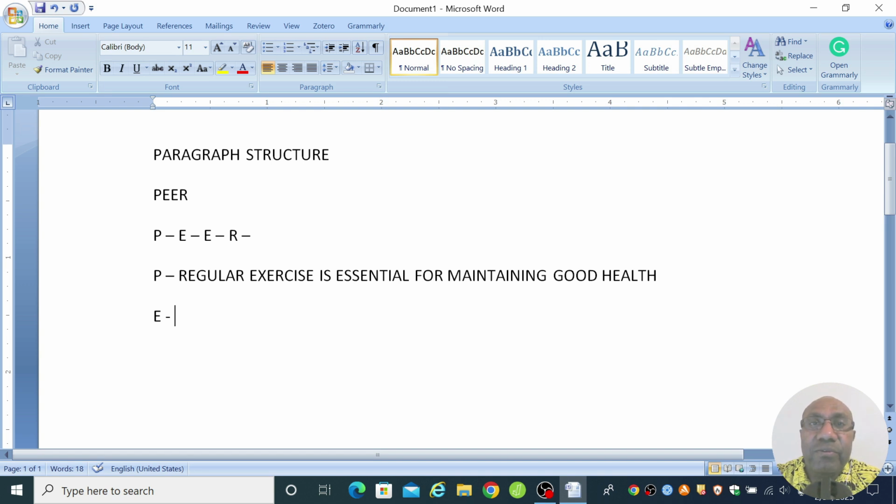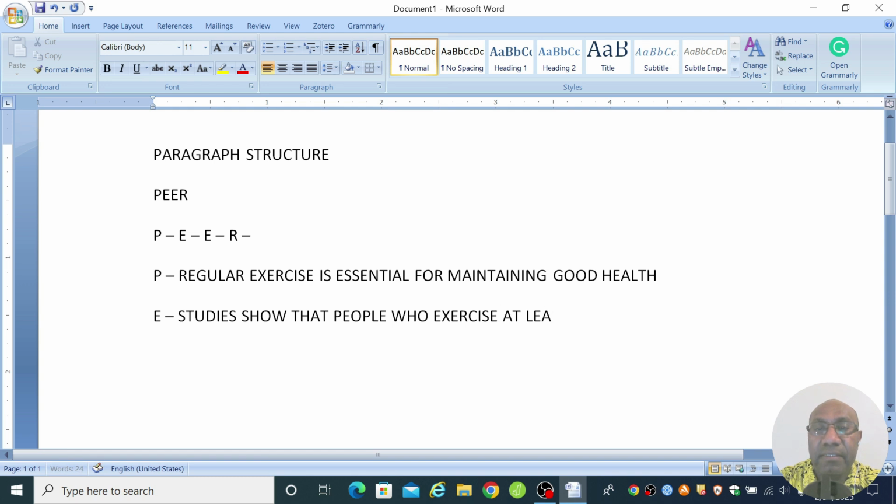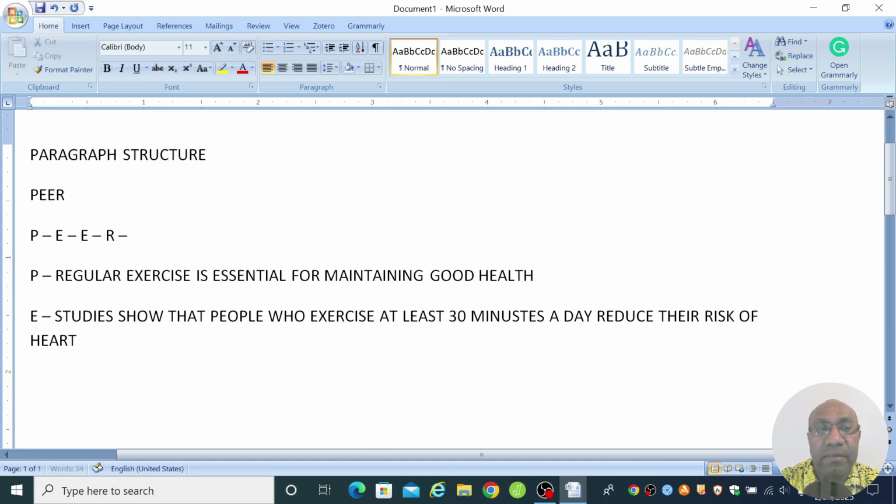So this is where you have to now provide evidence. Could be a book, could be an article. In other words, you have to provide references to support your point. So, for example, you could write something like, studies show that people who exercise at least 30 minutes a day reduce their risk of heart disease by 40%.